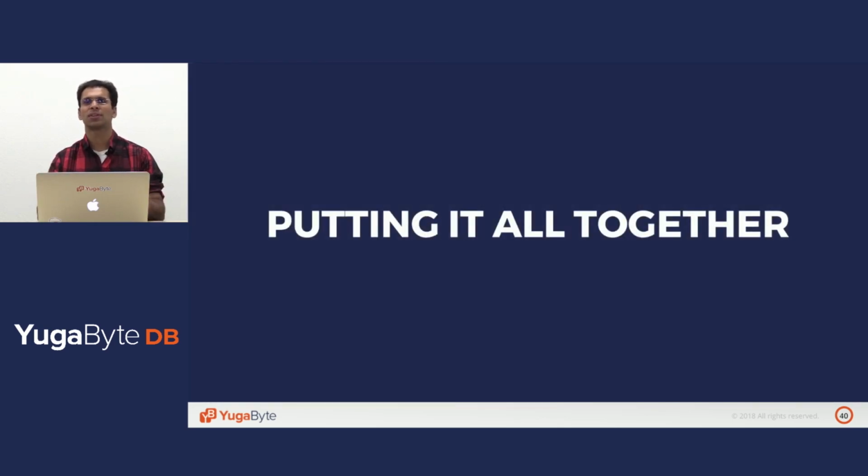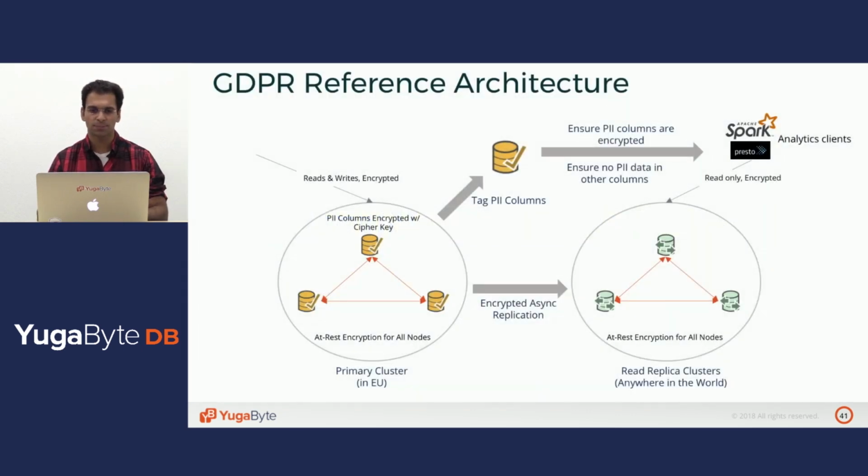So let's put everything together. We talked about 4 independent items and the information and the database architecture you need to support those. So putting it all together, well, you first have a primary cluster, which has to be in the EU if it is PII data. Now, you would be getting encrypted reads and writes in order to ensure end-to-end encryption. You would, every time you create or alter a table, tag the PII columns, which gets fed into an analytics cluster.